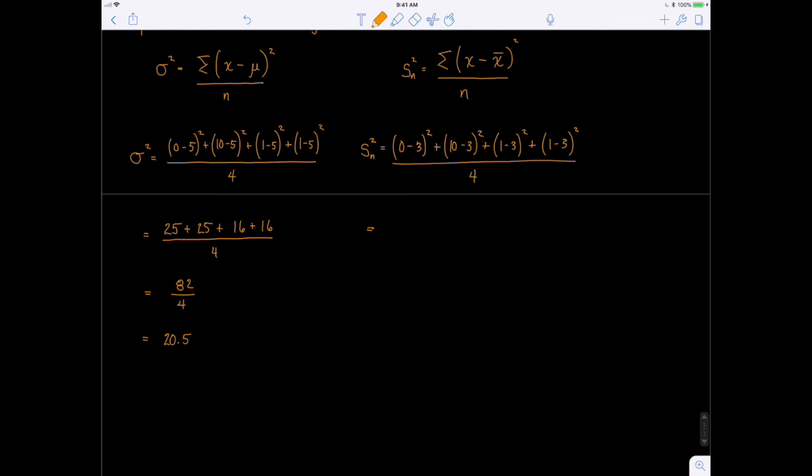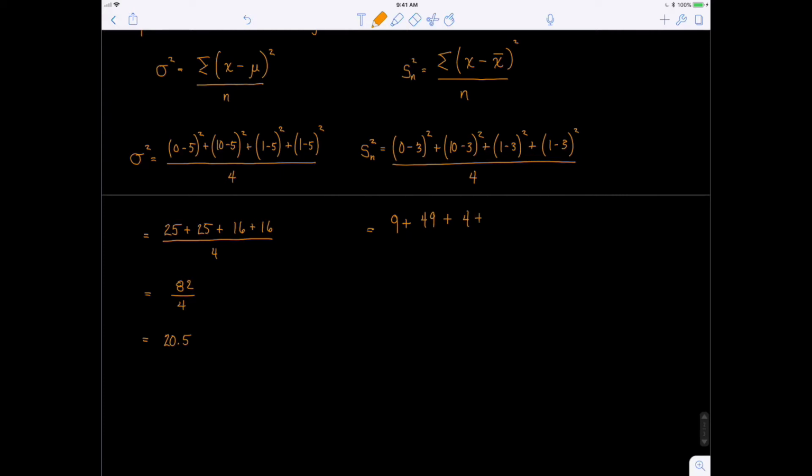So 0 minus 3 is negative 3. We square it to get a 9. 10 minus 3 is 7. We square that to get a 49. Plus 1 minus 3 is negative 2. Square it to get 4. And then we have another one. We're going to divide that by 4. So 9 plus 49 is 58. 58 plus 4 is 62, plus another 4 would be 66 over 4.